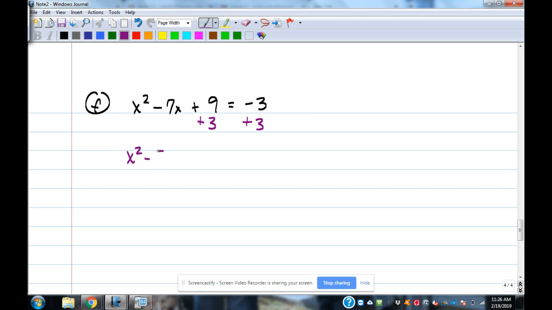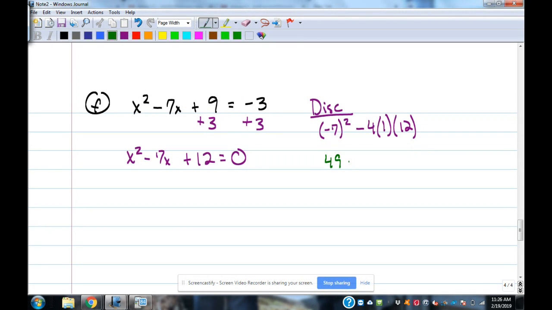X squared minus 7x plus 12 is equal to 0. Let's get the discriminant. Negative 7 squared minus 4 times a times c. So that's 49 minus 48, which is 1.